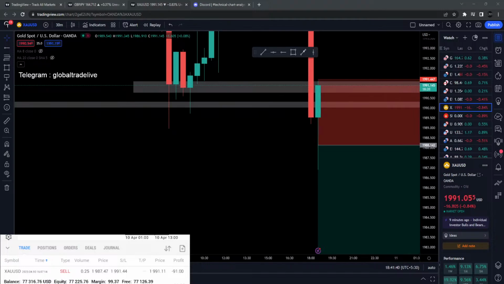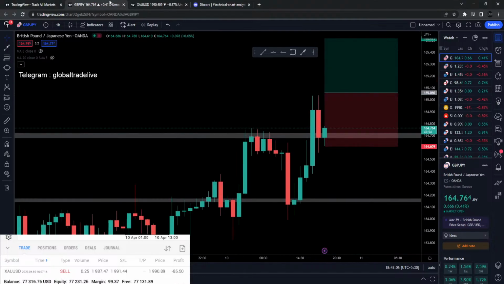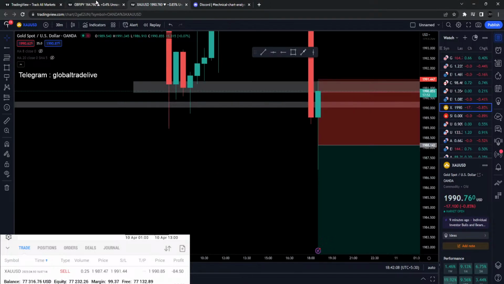So let's just wait and watch, because I have already managed the risk, so no issues with that. So let's have a look at GBP JPY and leave this gold running.